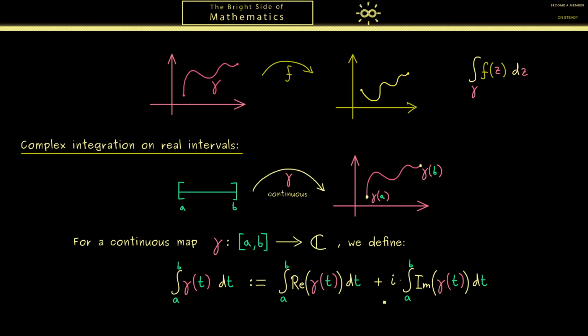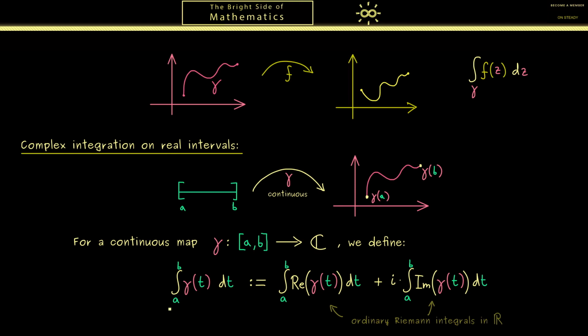And in the end, we put them back together to get a complex number out. And here please note, these two integrals here are ordinary Riemann integrals as we have introduced them in real analysis. More concretely, they are well defined because we have continuous maps. Therefore, also this new complex integral is well defined for continuous functions.